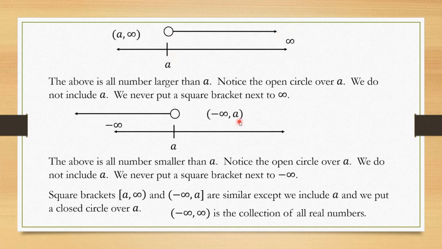Again, we can include A, but we don't include minus infinity. Don't put a square bracket around it. The only difference here on the bottom is if we want to include A. Then, of course, you could put a square bracket around A. But again, you don't put it around infinity or minus infinity. I know I keep saying that, but it's very important.